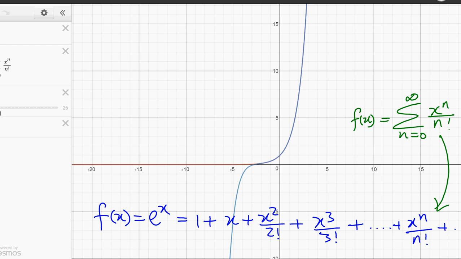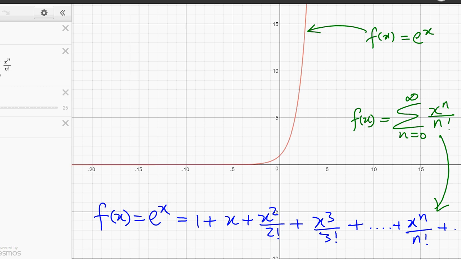All right. So basically, let me start from the original function. This function here is e to the power x, so f of x equals e to the power x.